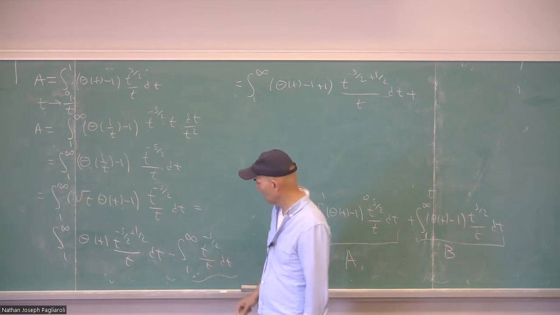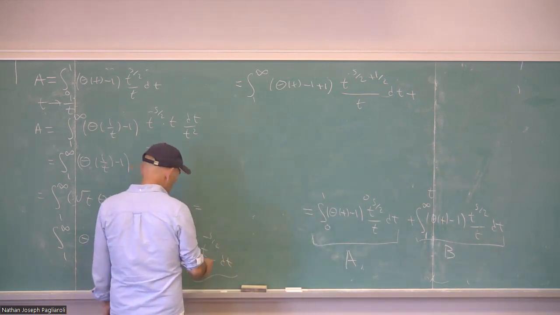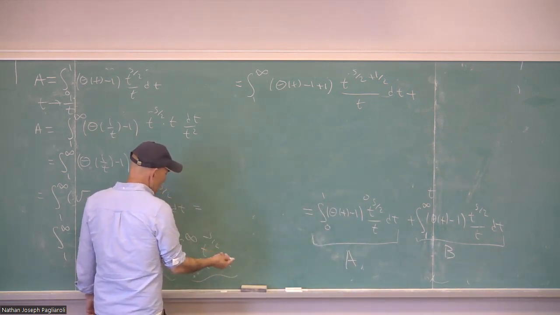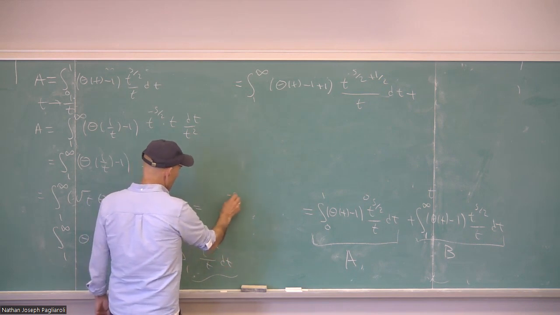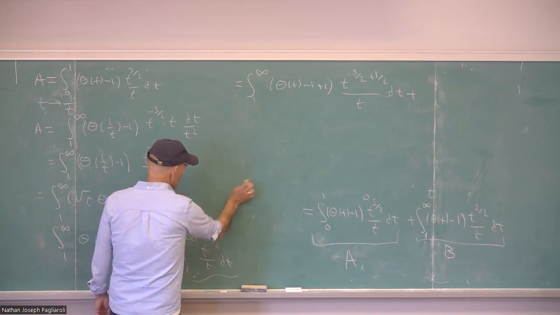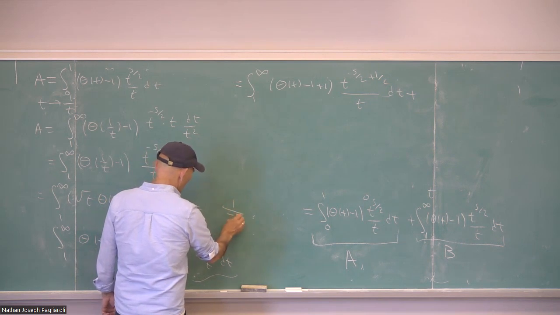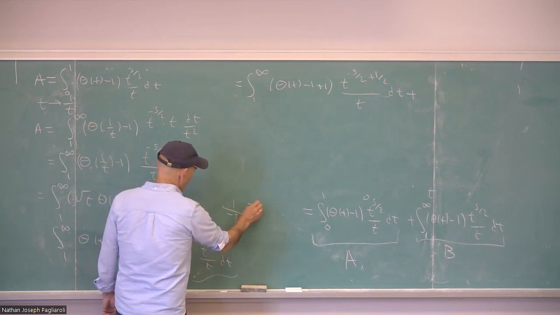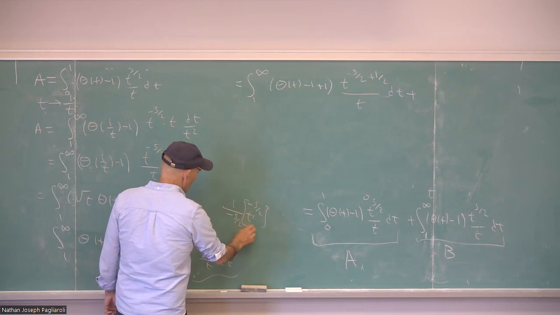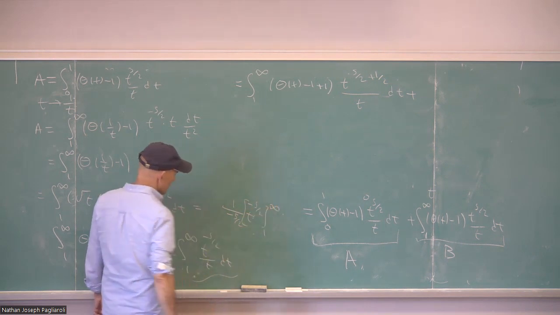Let's not let it linger around, so to speak. This is t to the power minus s over 2 minus 1. So this is 1 over minus s over 2, t to the power minus s over 2 from 1 to infinity, right? Is that okay?